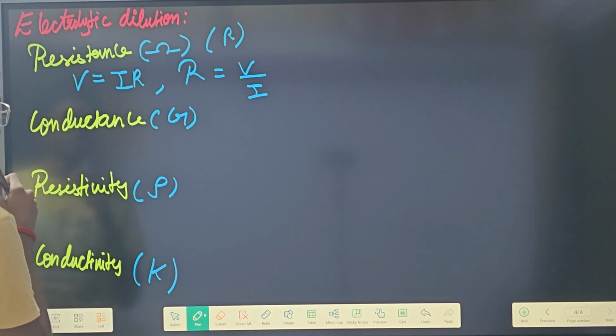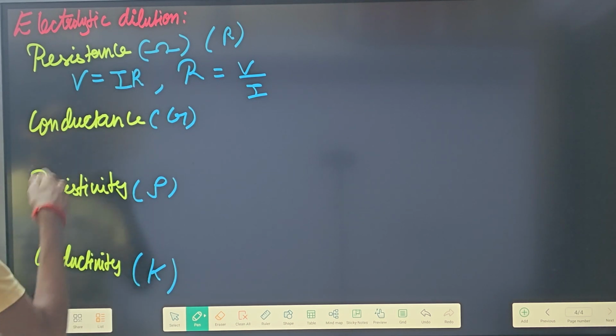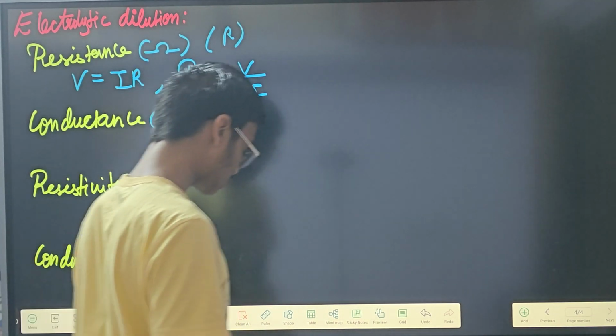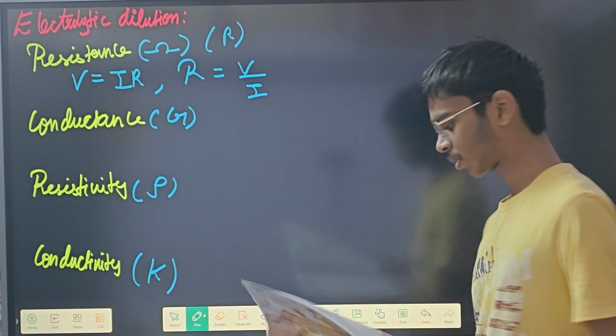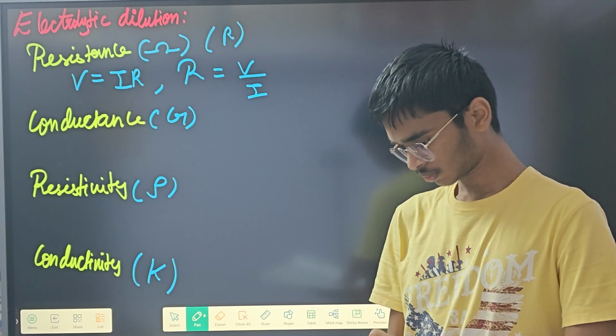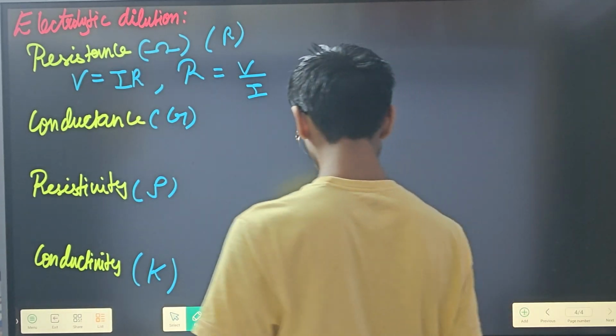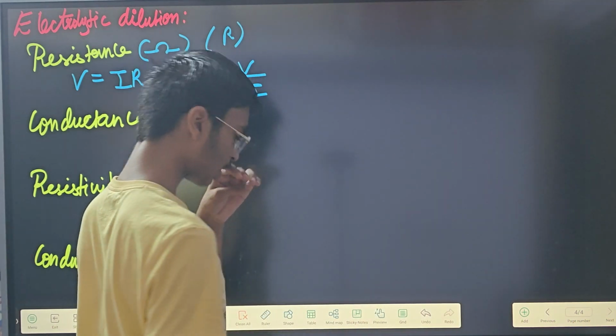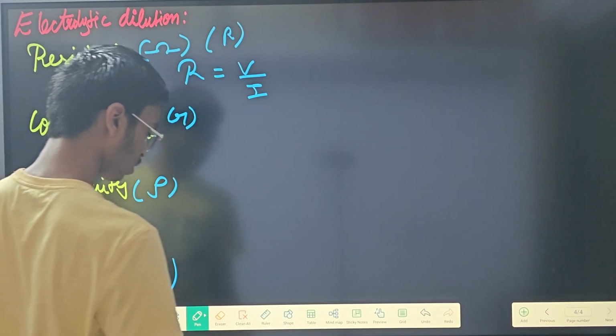Okay, so conductance. What is the SI unit of conductance? In the book also they have given SI units, so that also you follow. If you don't know, we are on page number 41.